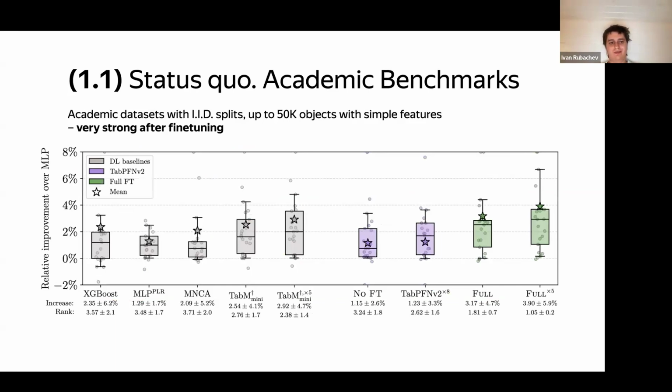It is the one below 0 for the full fine-tuning, the dot. And it's also one of the smaller data sets from the academic benchmark. Another factor that is similar for these two data sets is that their relative number of features to samples is quite large. They have very many features, and the overfitting is severe on these datasets. And this one also has temporal shift.